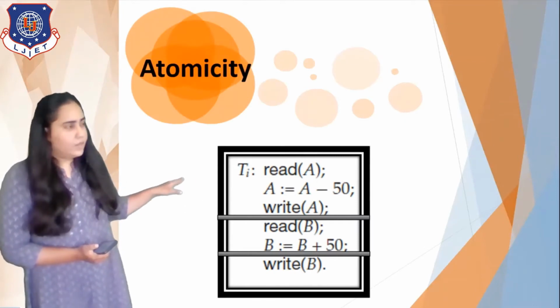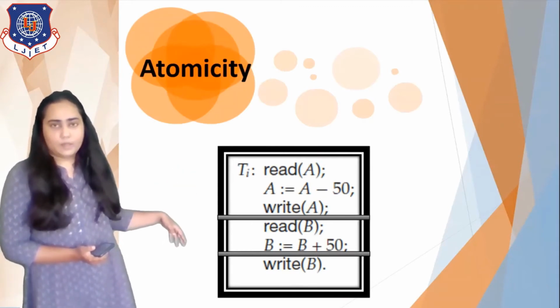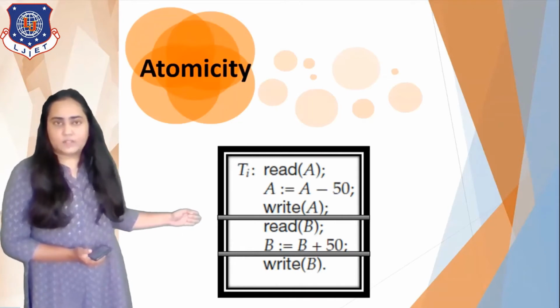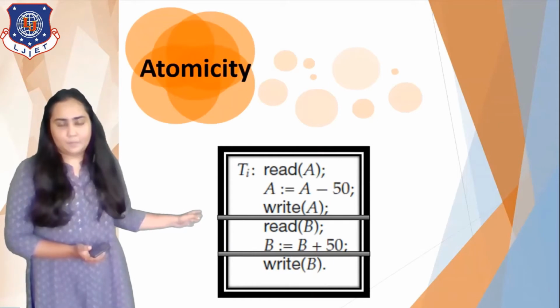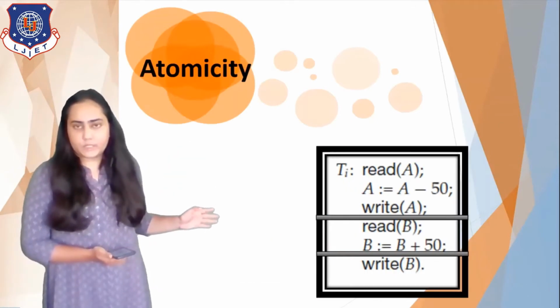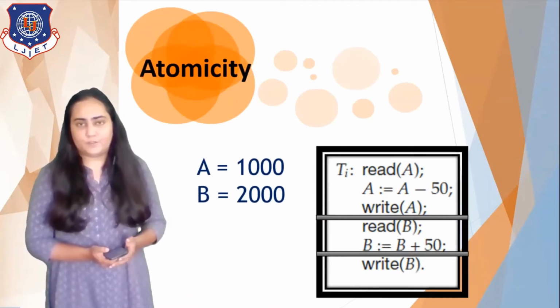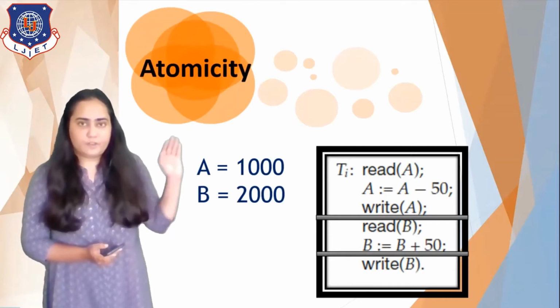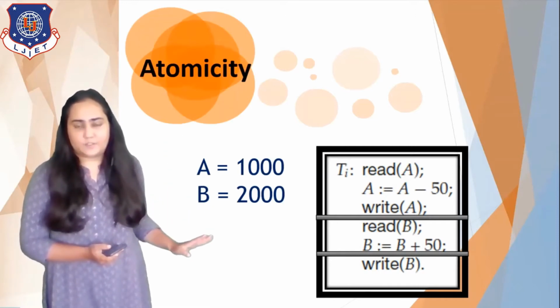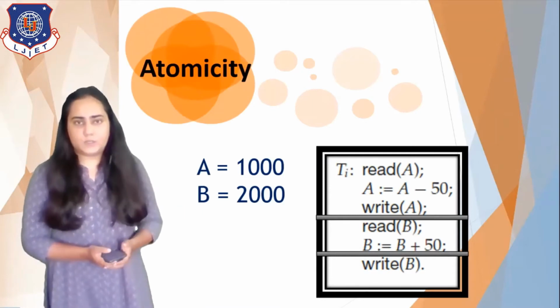So it's either finishing these first 3 tasks and then stopping, or finishing the first 4 tasks and then stopping, or the first 5 tasks and stopping. Now, let's assume that the values of A and B are 1000 and 2000 respectively. If the first 3 tasks finish successfully, that means the value of A is already subtracted and stored into the system.